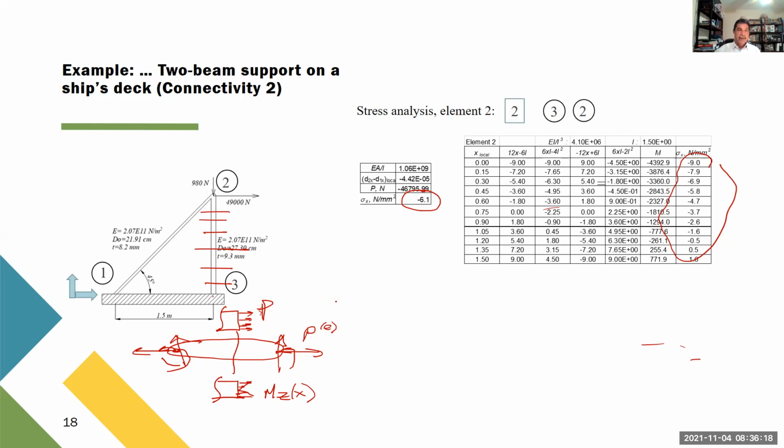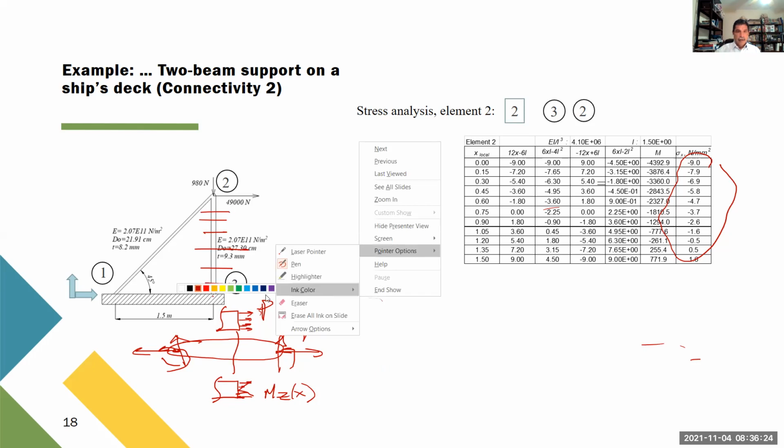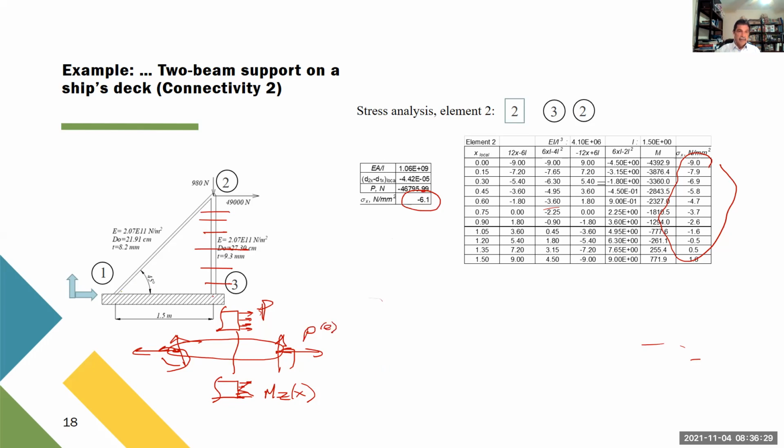So if we analyze this, let me change color. The other element was from here to there. That's your X, that's your Y. And we can do exactly the same. We can do cuts.